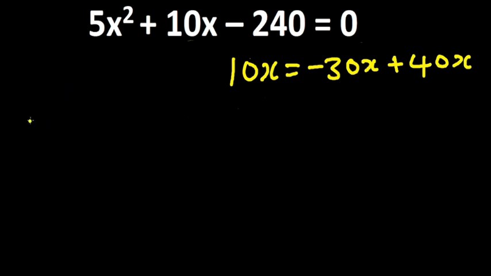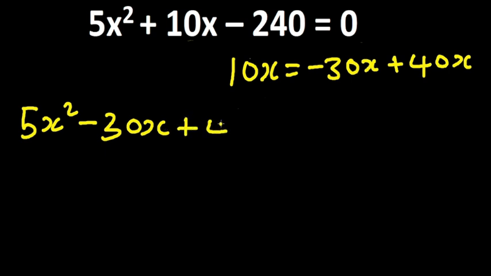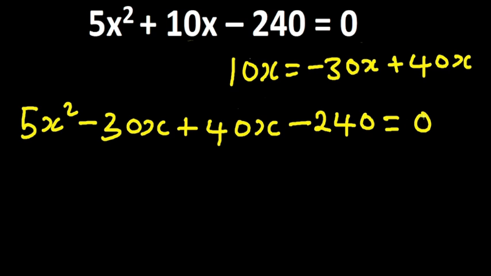Now we have 5x squared minus 30x plus 40x minus 240. So as you can see, what we did, we simply replaced 10x with negative 30x plus 40x.